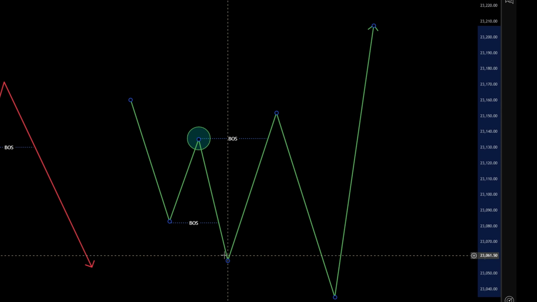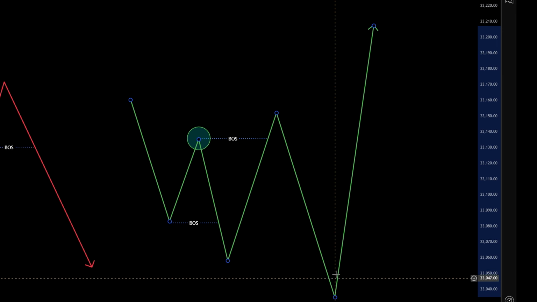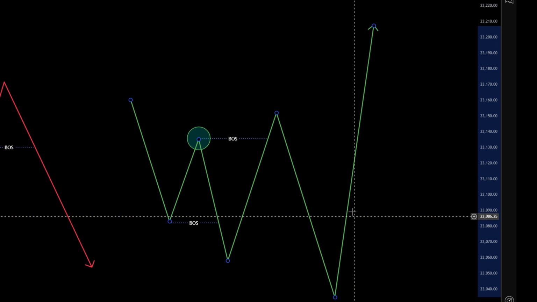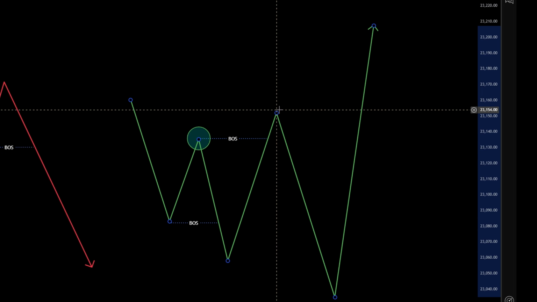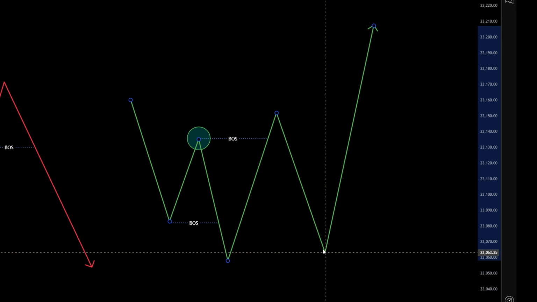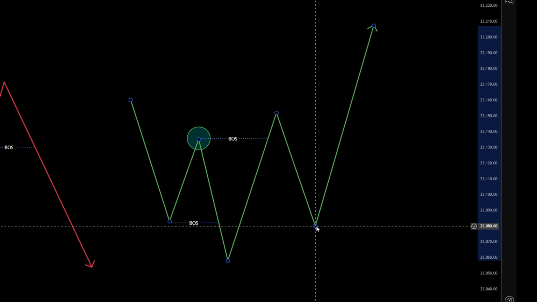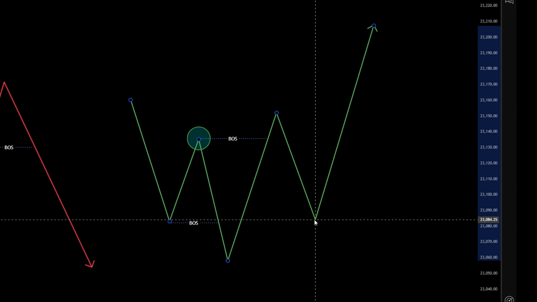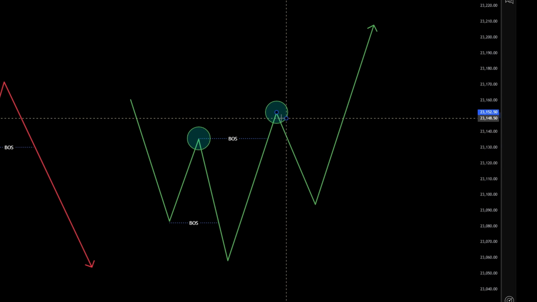We'd expect this low to get broken, causing a break of structure, and then a pullback and expansion downwards again. But instead, we get the break of structure to the upside, and we get a failure of this high to make a new low. So it's now made a higher low instead. And that means we are very likely to reverse.